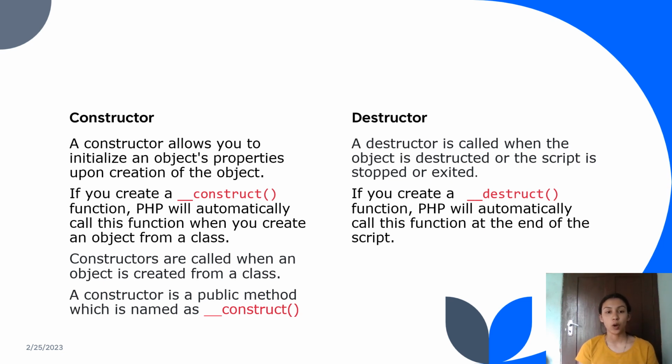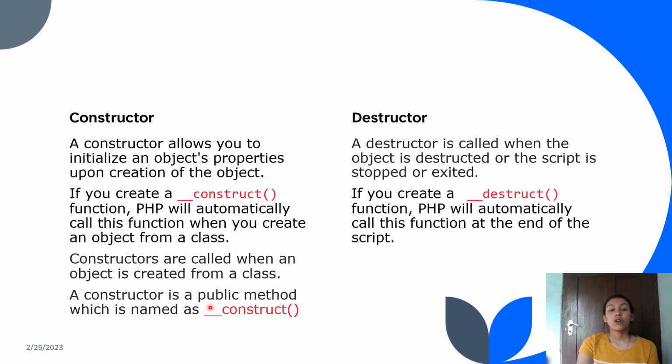So when we create an object, the constructor will automatically invoke, and it will help to initialize the properties of the object. We can create a constructor using the double underscore construct method. So double underscore construct is used to create a constructor.